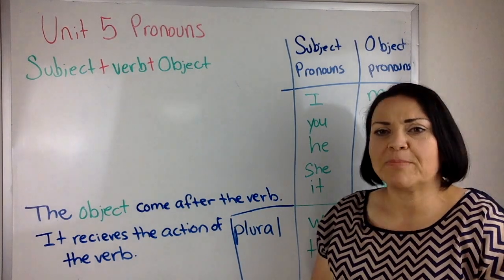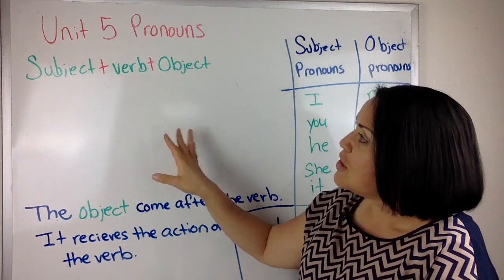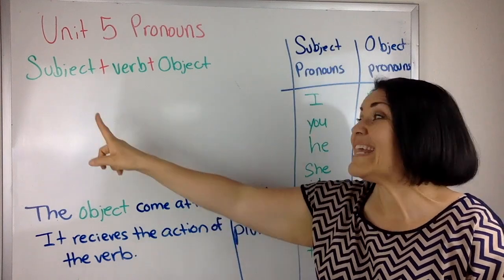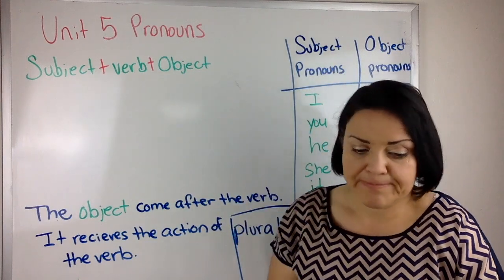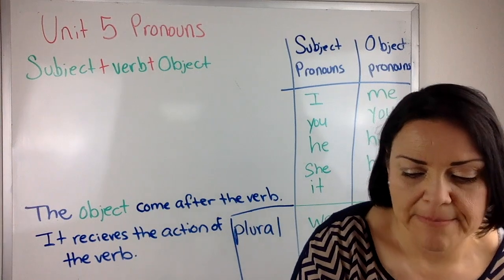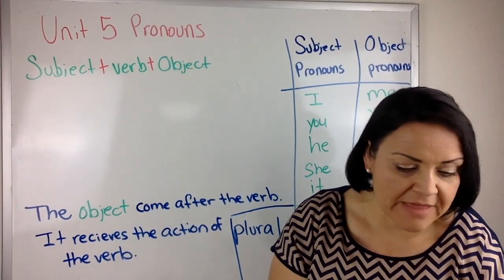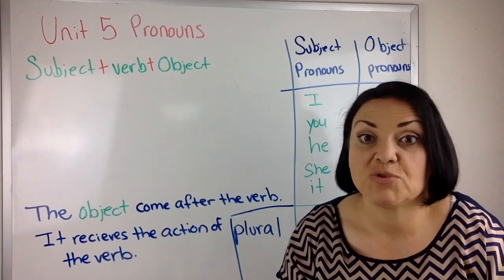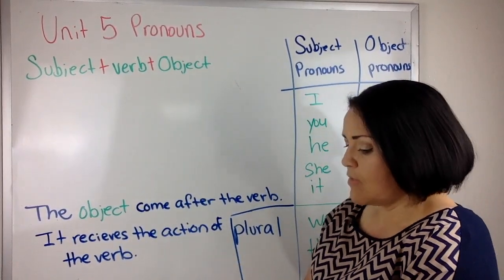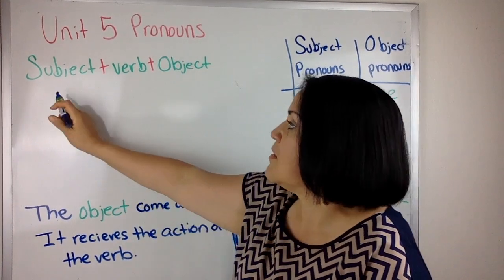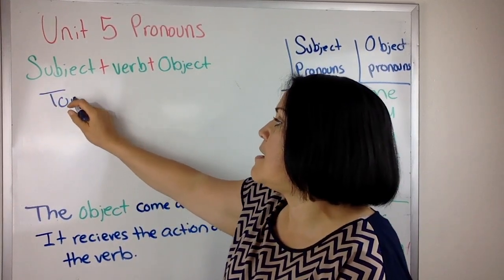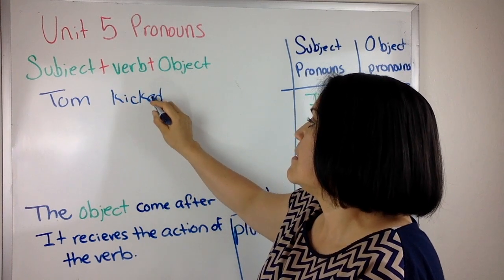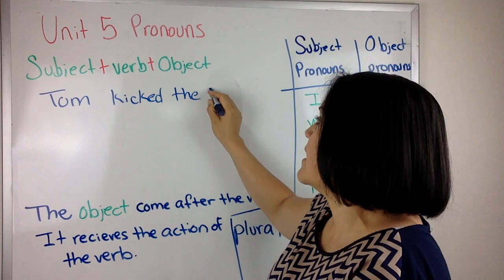Sorry, there's a little bug flying around. So we can use a pronoun for either one of these spots. I will use a simple example and then we can look at the book's example. So let's go back to Tom. We'll stick with a simple sentence: Tom kicked the cat.